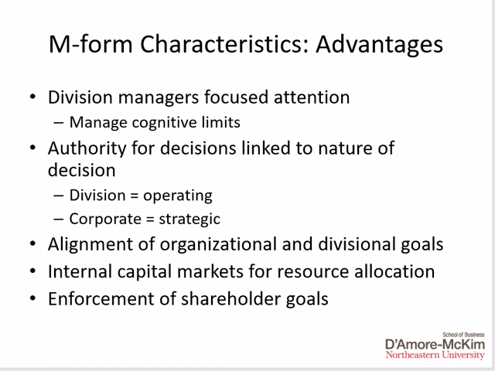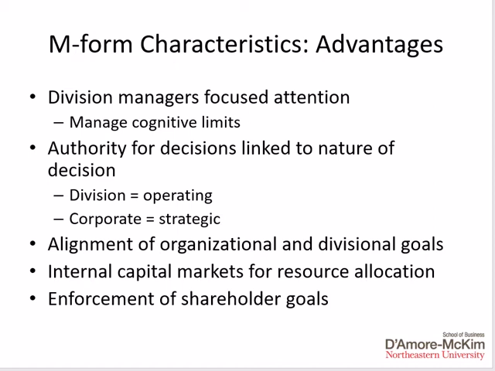In terms of the benefits of this multi-divisional form, you can see the divisional managers have their focused attention on their own division. This manages what they have to focus on and allows them to really dedicate their time and efforts. The authority for decisions can also be linked to the nature of the decision, where I push decisions down so that they're conducted at the appropriate level.